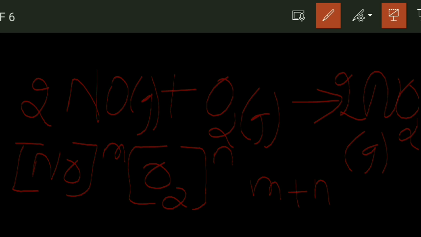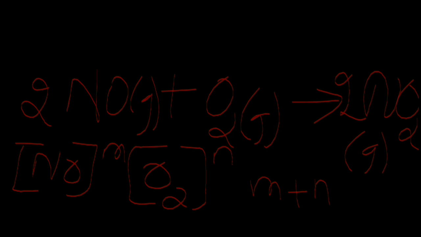Understood? We have to find out what m and n are, and add them to find the order of a reaction. If you want, I will put a brief video on how to find out the order of a reaction, so that you can understand it more elaborately.